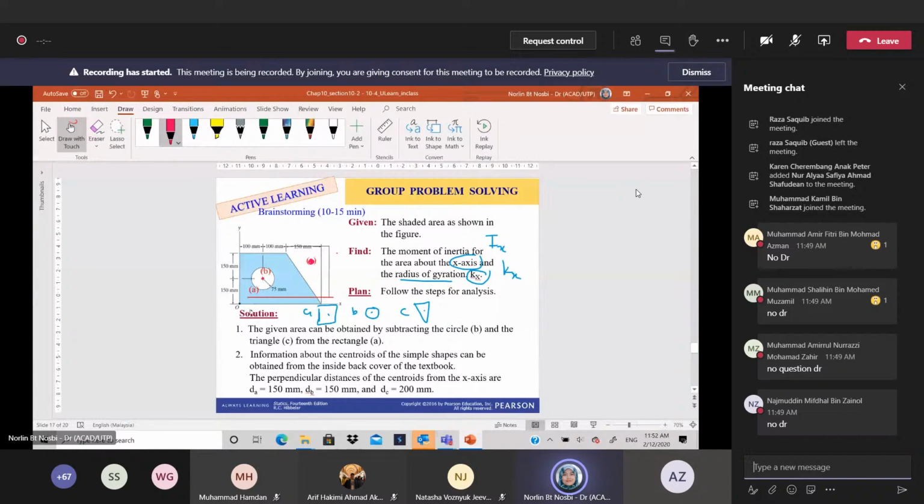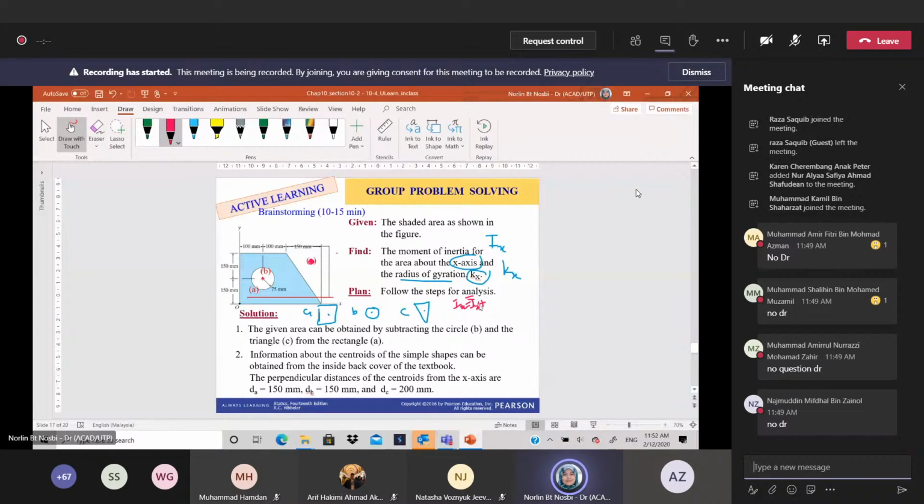So now try to do it. The third step, you just use the formula for Ix equals I bar x prime plus A dy squared.